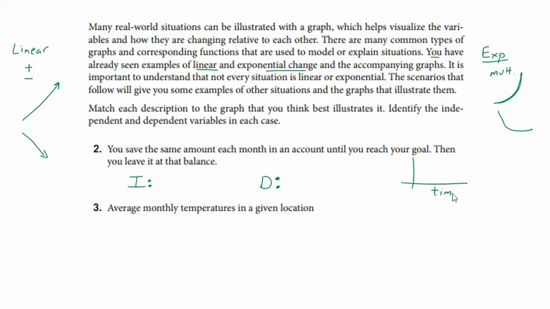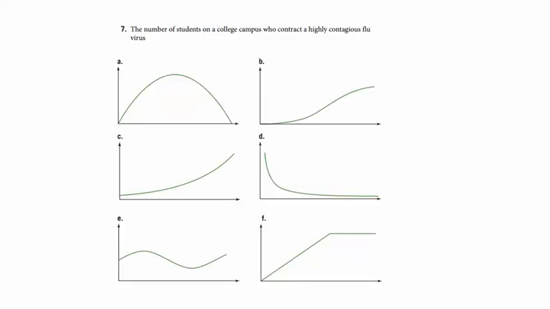This is how much time is passing, and then this would be how much money you have. And if you save the same amount each month, it's going to look like this. You're adding the same amount each month. So our independent variable is time, and our dependent variable is dollars, or how much money is in your account. Okay, let's see if we can find a graph that we think looks like that over here.